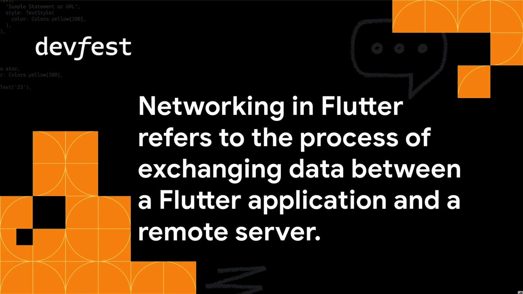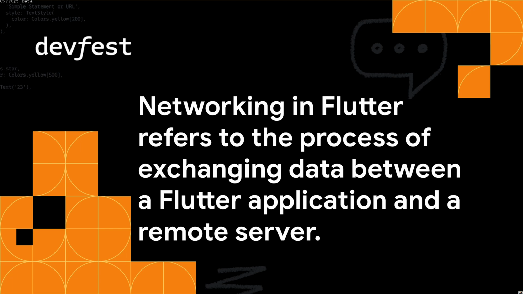This basically means uploading a picture from your Flutter application to, let's say, Firebase or a remote server somewhere, or making a call with your Flutter application with an Agora server somewhere, right? So anything that involves exchange of data between your Flutter application and a remote server is basically networking.